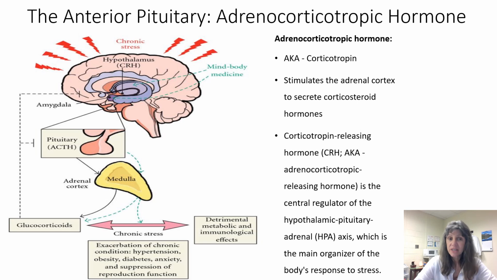From there, the anterior pituitary releases adrenocorticotropic hormone, which is going to affect the cells in the adrenal cortex, and it causes those to release glucocorticoids. Under chronic stress over time, this is going to lead to things like hypertension, obesity, diabetes, anxiety. It can also suppress reproductive functions.